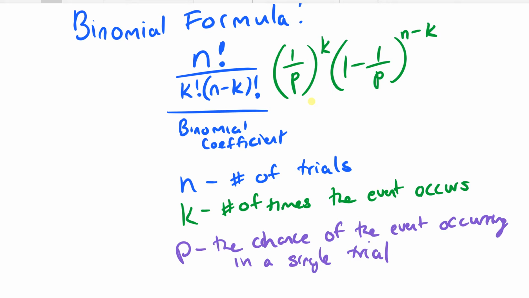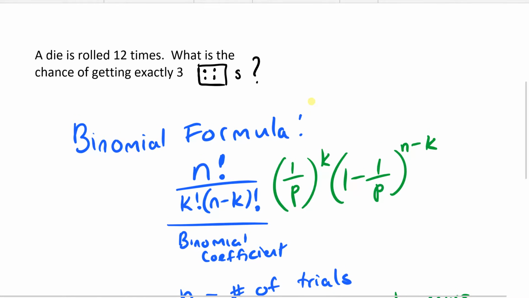Now, in order to use the binomial formula, certain conditions must be met. The number of trials must be fixed, the rolls must be independent, and the chances of something occurring cannot change from trial to trial. This particular question satisfies all of those conditions.